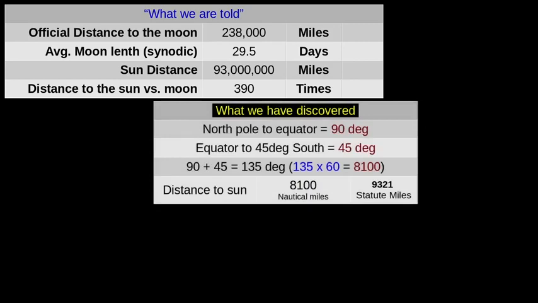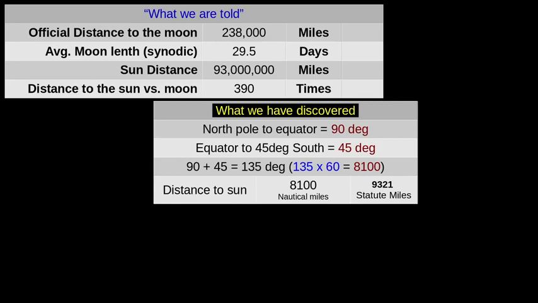So now we look at what we know so far, what we have discovered. We know from the North Pole to the equator is 90 degrees. We know from the equator to 45 degrees south is another 45 degrees.